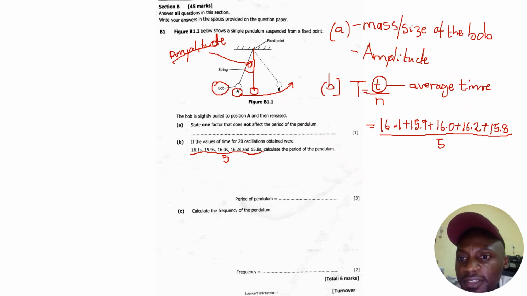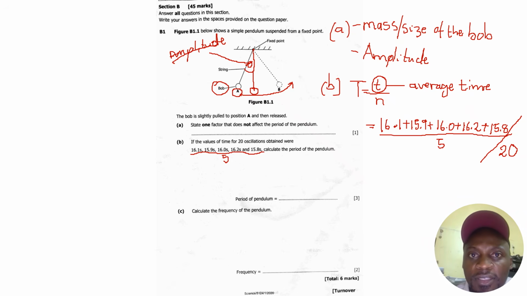Then we're going to divide this average by the number of oscillations, and we've been told that it's 20 oscillations.